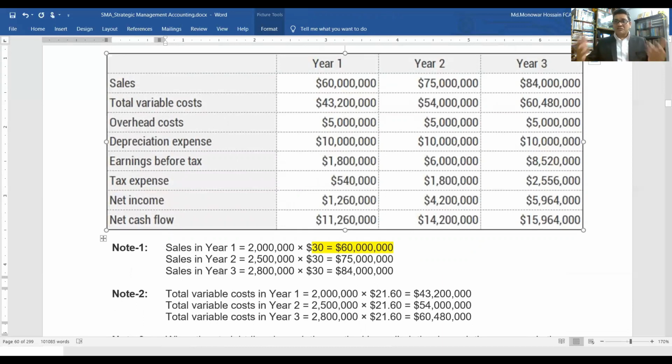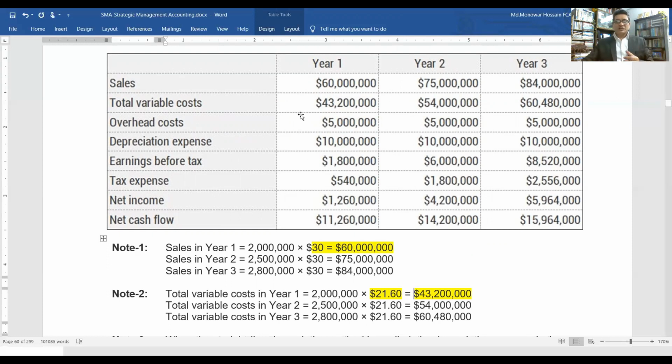Third year, 84 million. The total variable cost for the first year is 2 million units multiplied by 21.6, so it comes to 43.2 million. And the overhead cost that we fixed was 5 million, the same for every year.